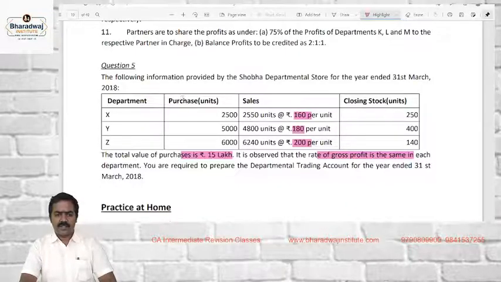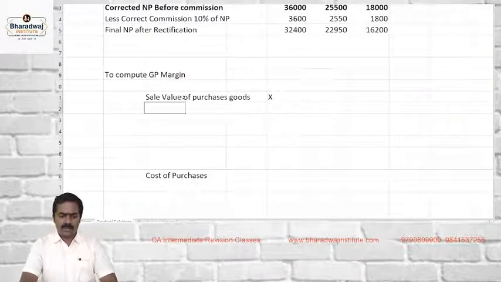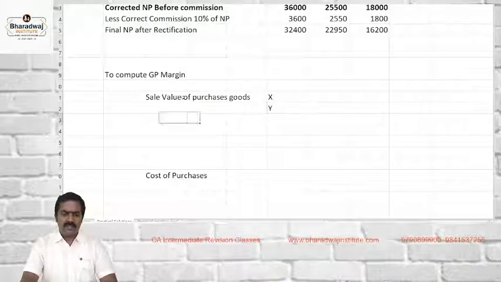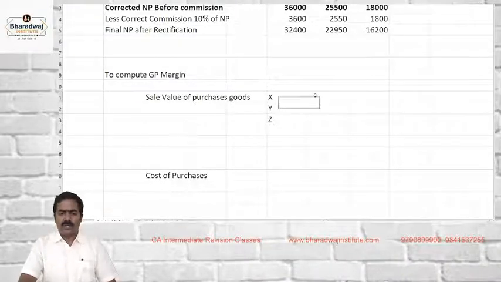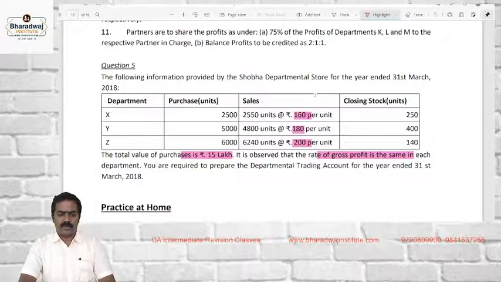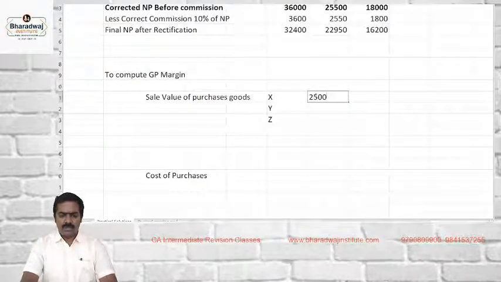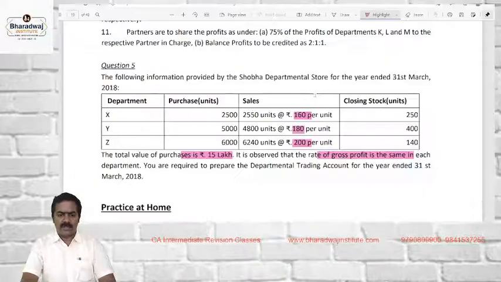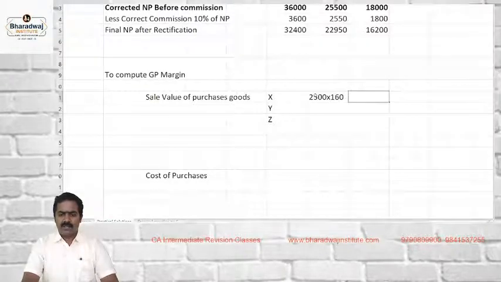What are the departments? X, Y, Z. This is not sales. This is the sale value of purchased goods, to find out the gross profit margin. How many units purchased? 2,500 units. If sold for how much? 160.